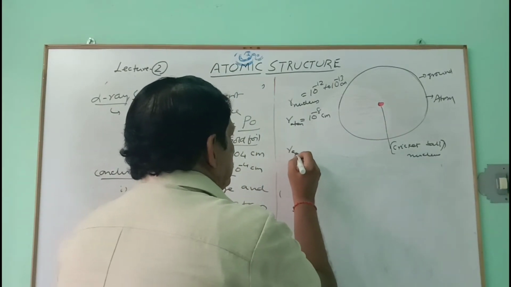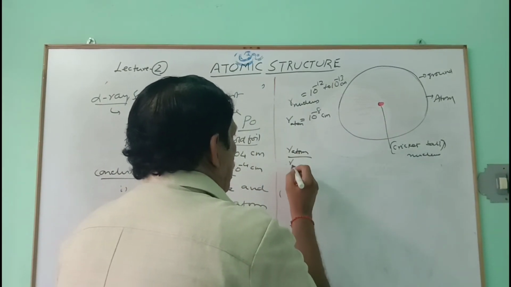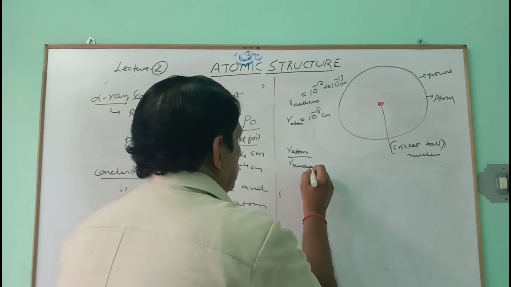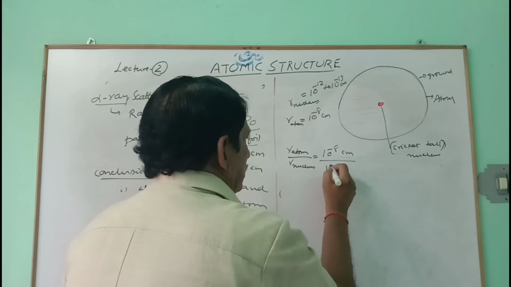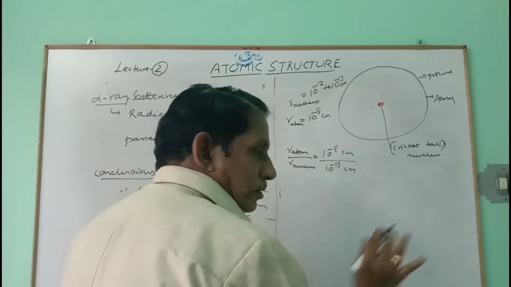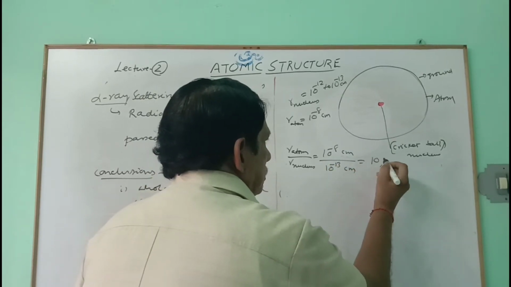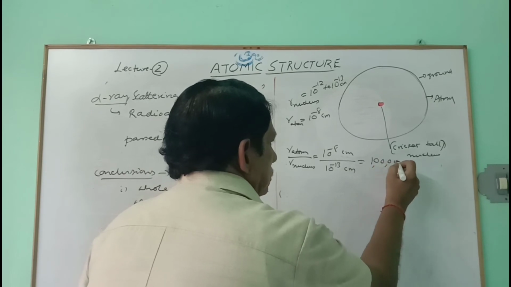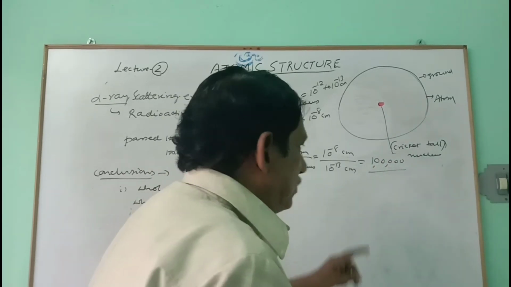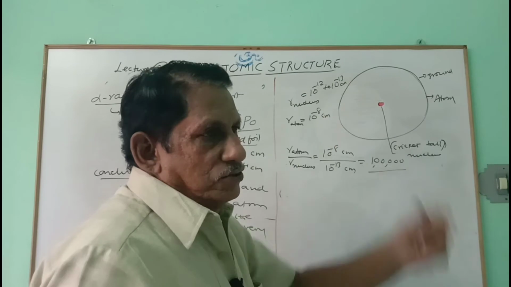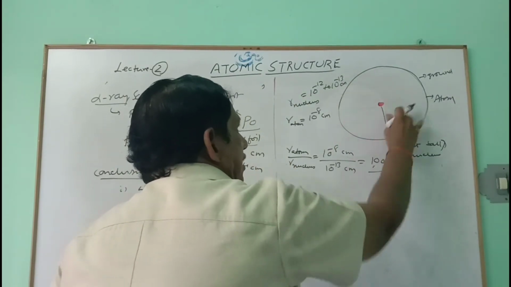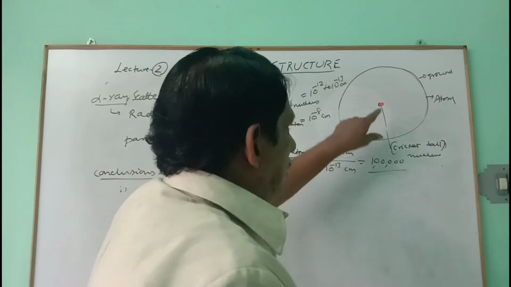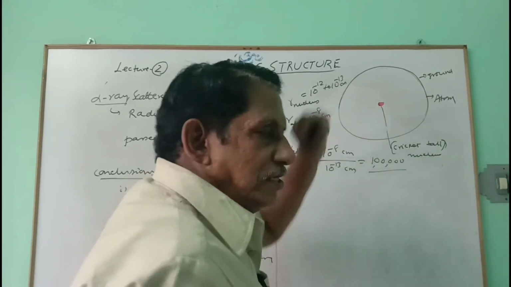R atom by R nucleus is equal to 10 to the minus 8 cm by 10 to the minus 13 cm. This is equal to 1 lakh. If you take 10 to the minus 12 here, it is 10,000. So this is almost 1 lakh times greater than the size of the nucleus.